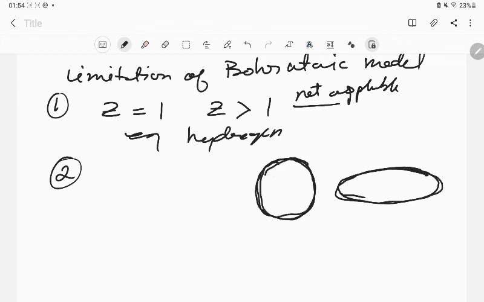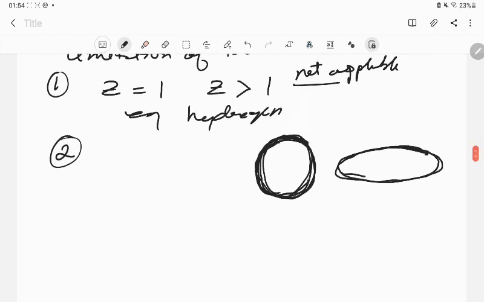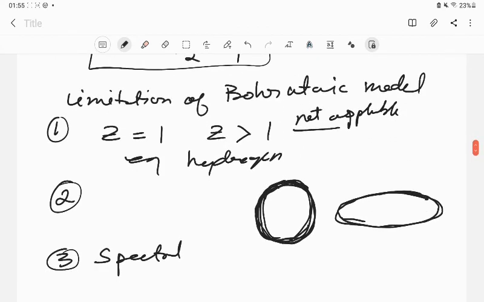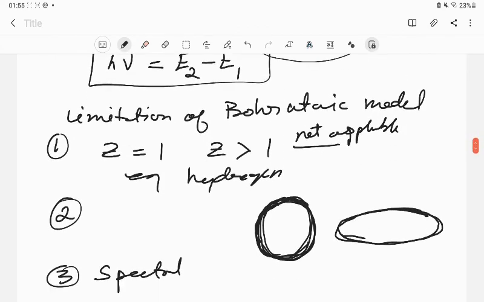It cannot explain why electrons revolve in circular orbits. And it also cannot explain the spectral lines, same as Rutherford. So these are some of the limitations of the Bohr atomic model.